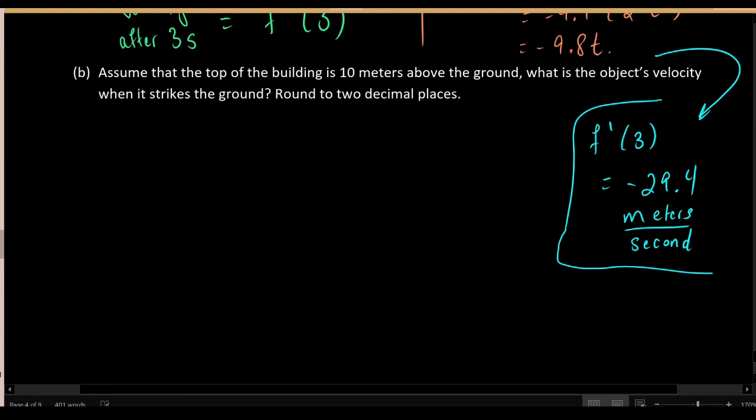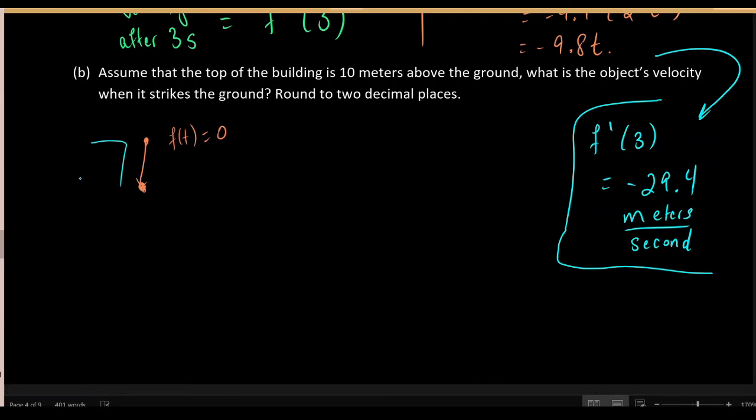If you drop this object from a building which is 10 meters tall, how fast is the object moving when it strikes the ground? The big difference between this question and the one in part A is that we're not explicitly given the value of t. In part A, we were asked for the velocity when t was equal to 3.